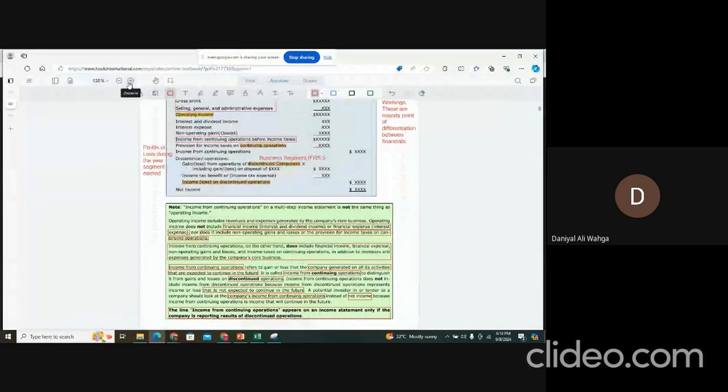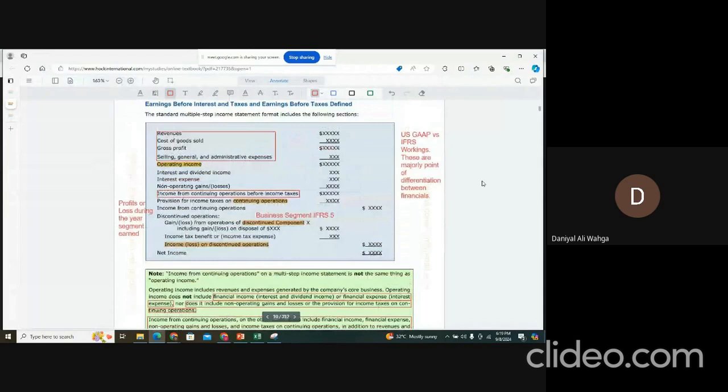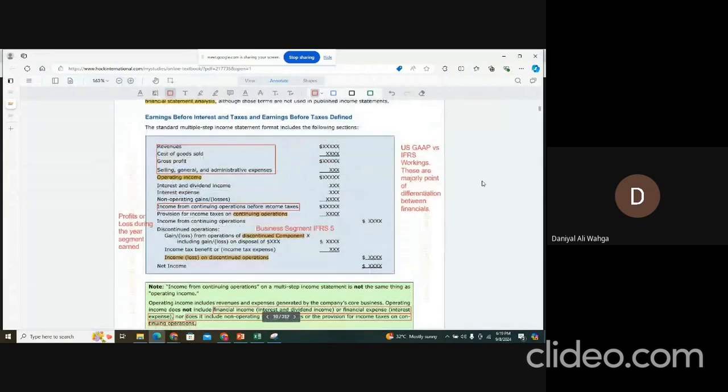Another point you need to understand, I'm just back. Another point you need to understand is that your income from continuing operations, or you can say your operating income.